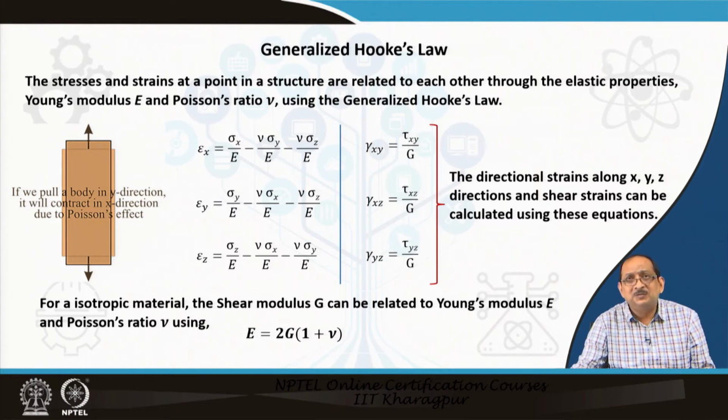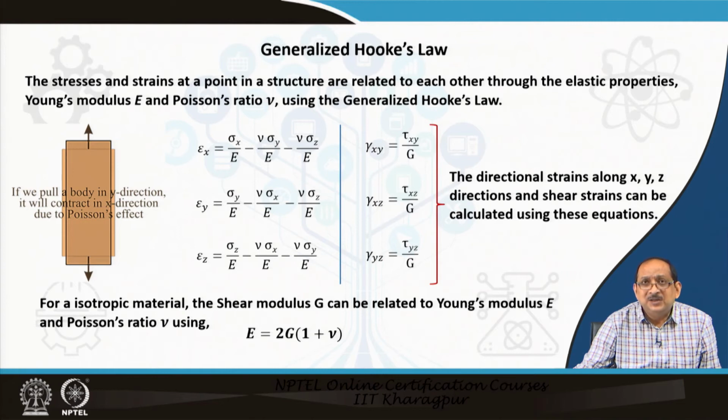So, the linear strains as well as the shear strains can be calculated using the set of 6 equations. It is also important to know the relationship between Young's modulus, shear modulus and Poisson's ratio for an isotropic material.